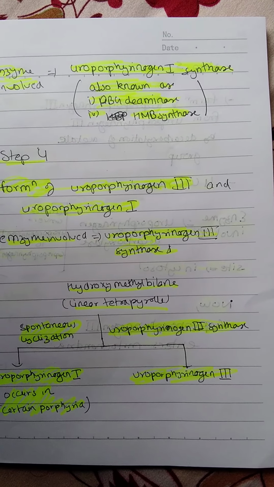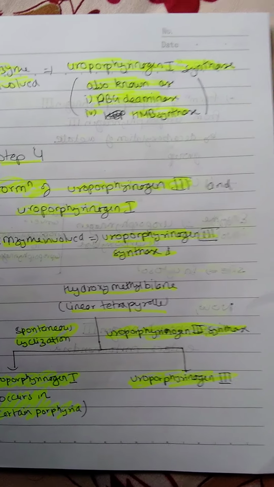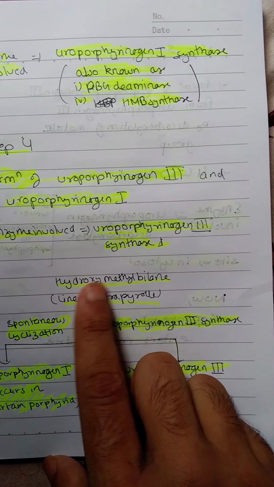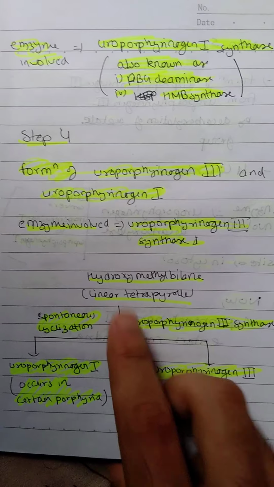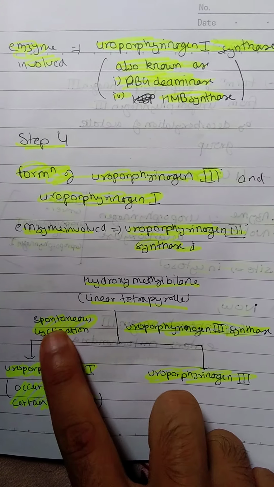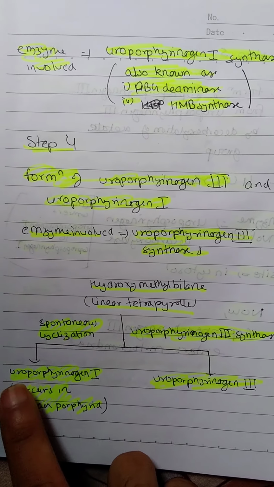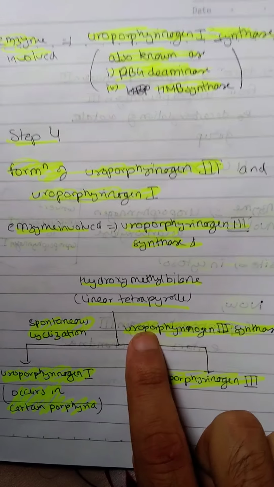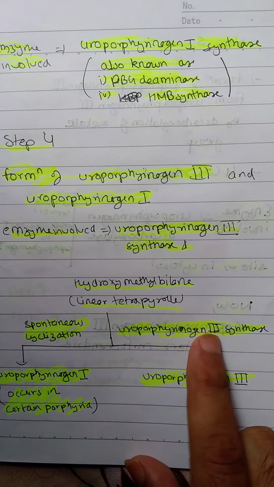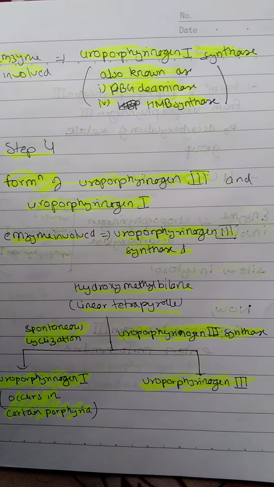The enzyme involved is uroporphyrinogen 3 synthase. The hydroxymethylbilane HMB is a linear tetrapyrrole which has two fates. One, due to spontaneous cyclization, it can form uroporphyrinogen 1. This occurs in certain porphyria. And due to the action of uroporphyrinogen 3 synthase, it can convert into uroporphyrinogen 3.